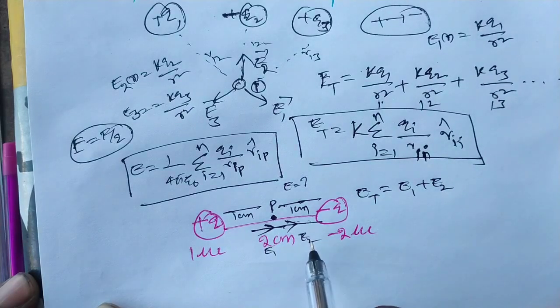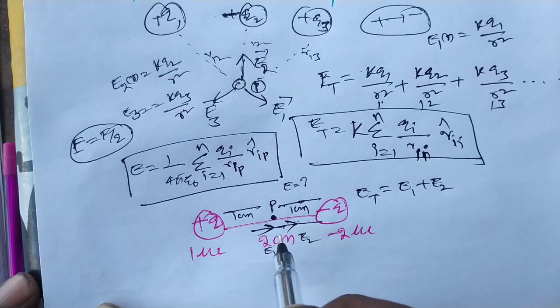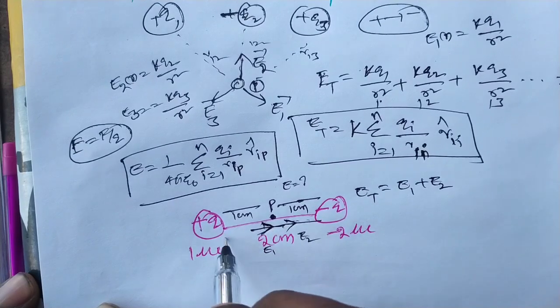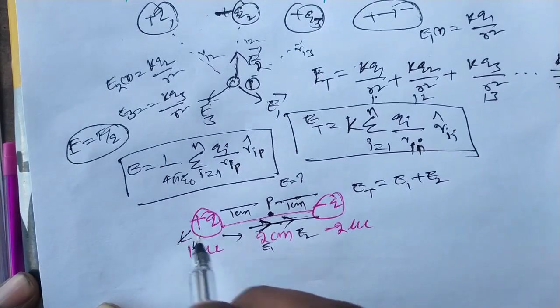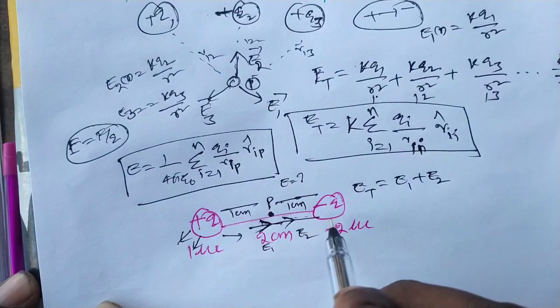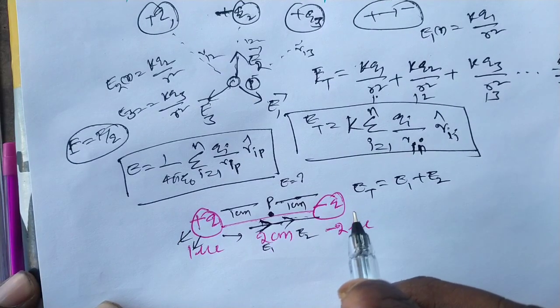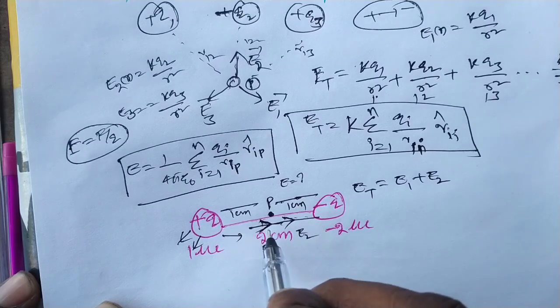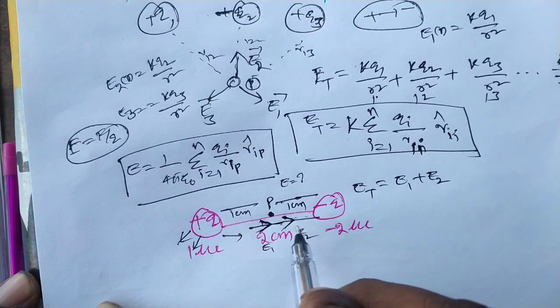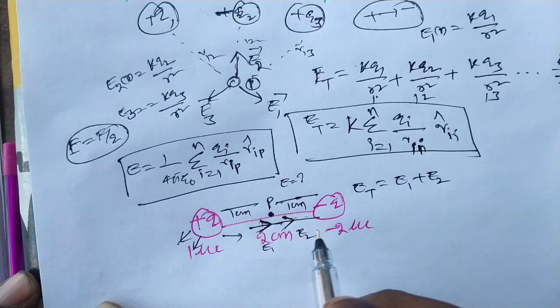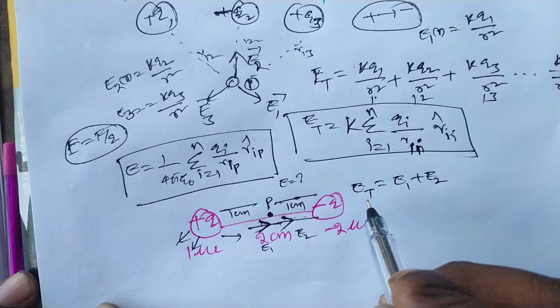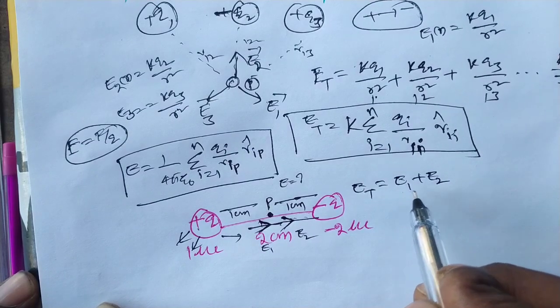Outward means repulsion, inward means attraction. The electric field is from plus to minus, so both will be in the same direction. That's why the net electric field is equal to E1 plus E2.